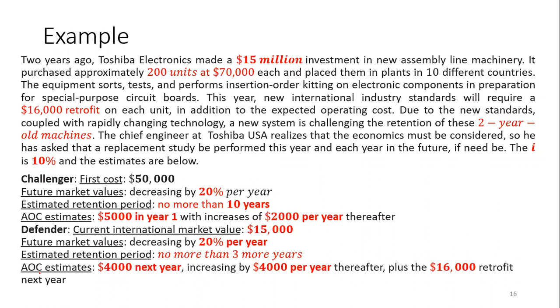The equipment sorts, tests, and performs insertion order kitting on electronic components in preparation for special purpose circuit boards. This year, new industry standards will require a $16,000 retrofit on each unit. In addition to the expected operating cost due to the new standards, coupled with rapidly changing technology, a new system is challenging retention of these 2 year old machines.